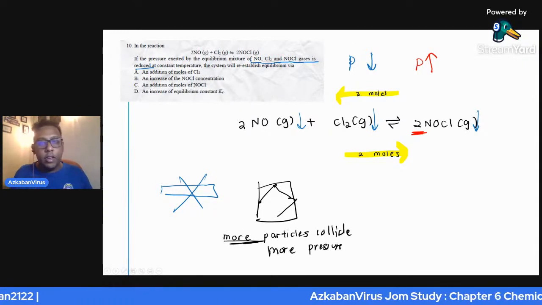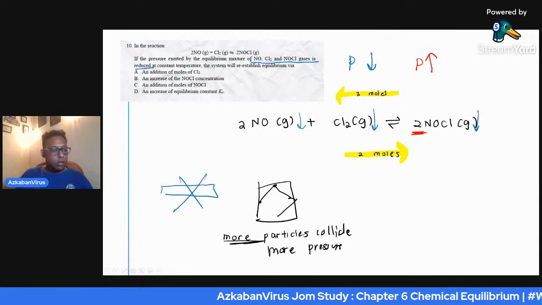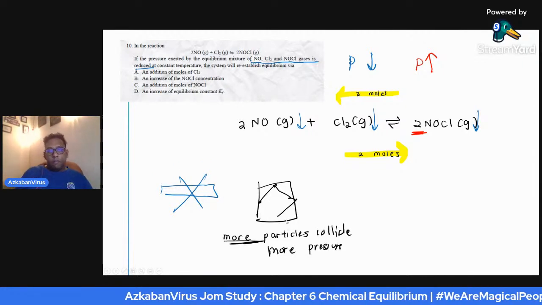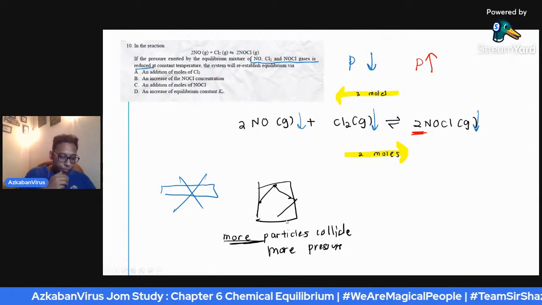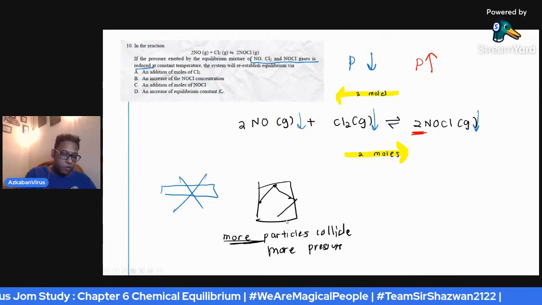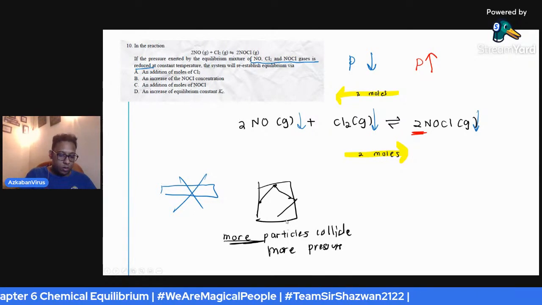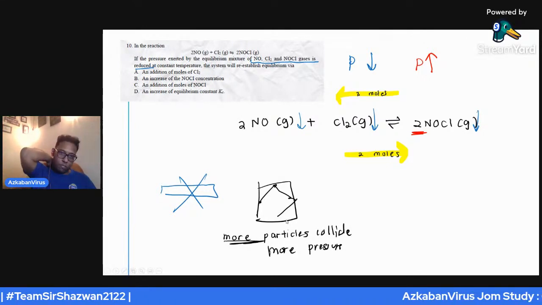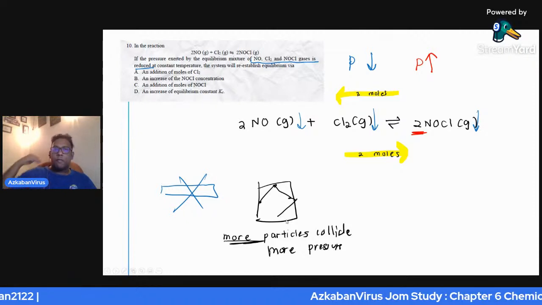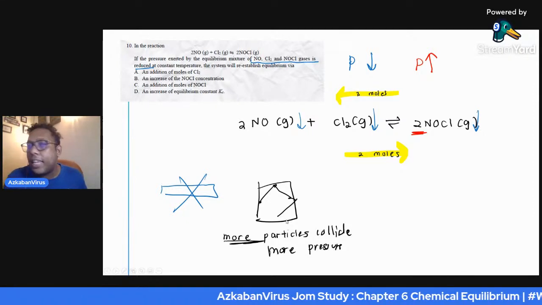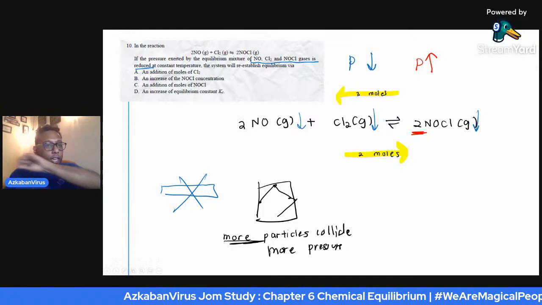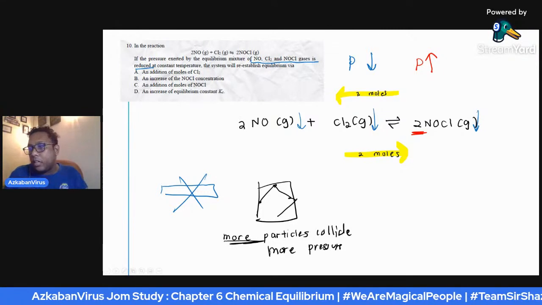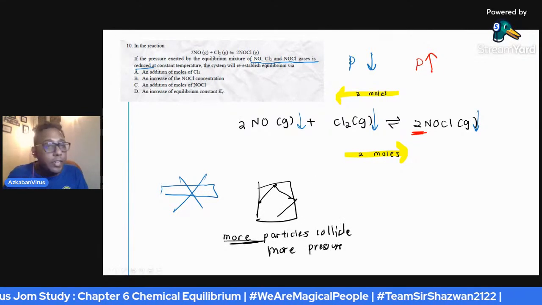Kiri atau kanan? Yes, dia akan ke kiri. Kenapa? Setiap kali dia ke kiri, dia menghasilkan lebih banyak particles. So, more particles collide, so pressure akan meningkat.